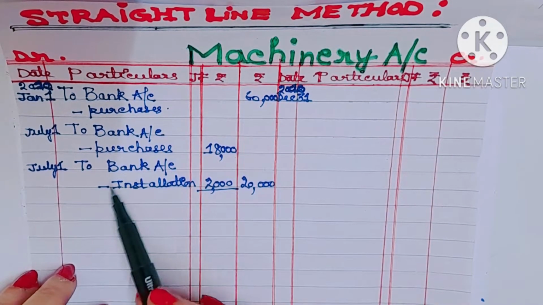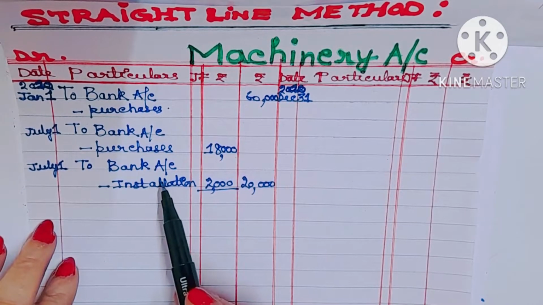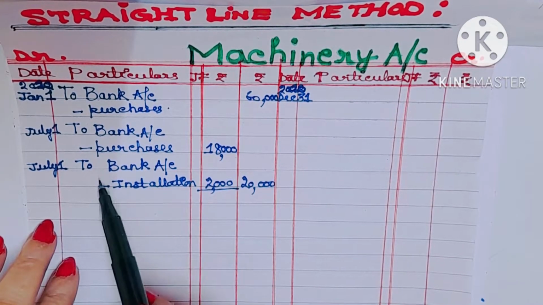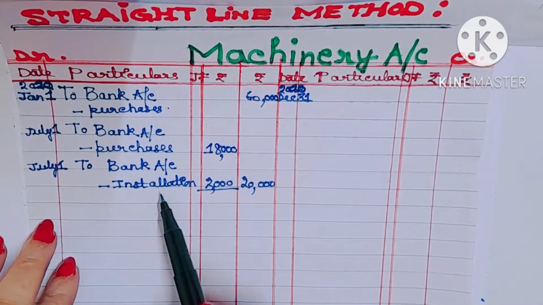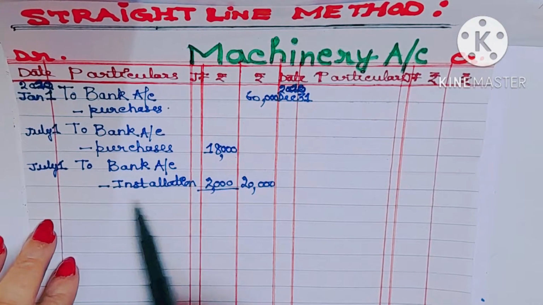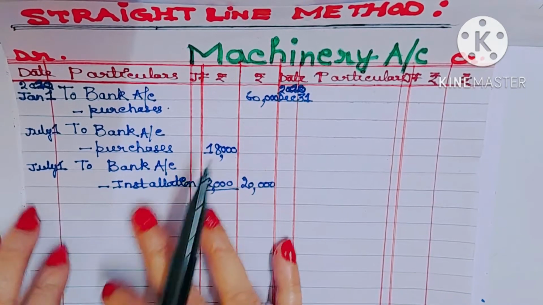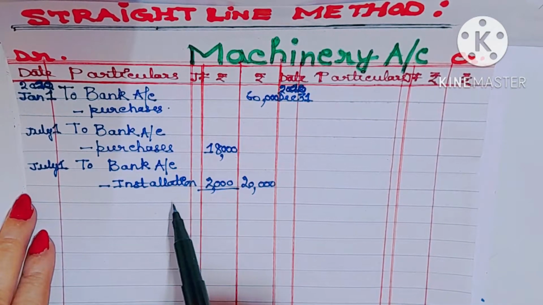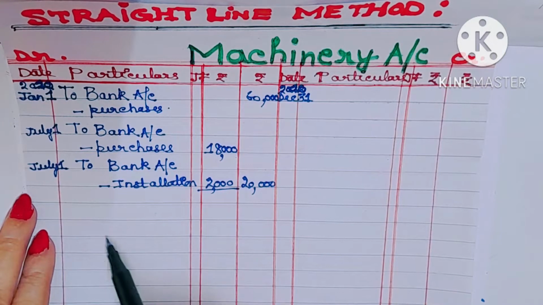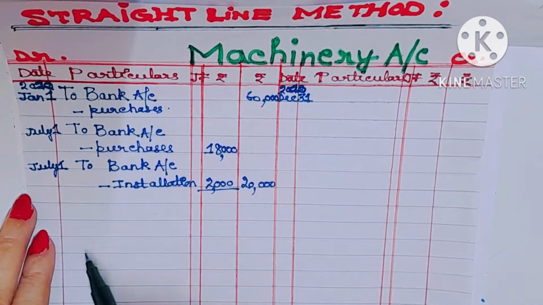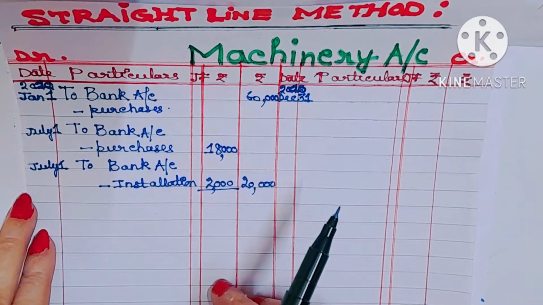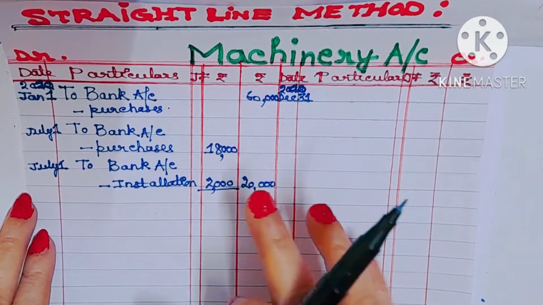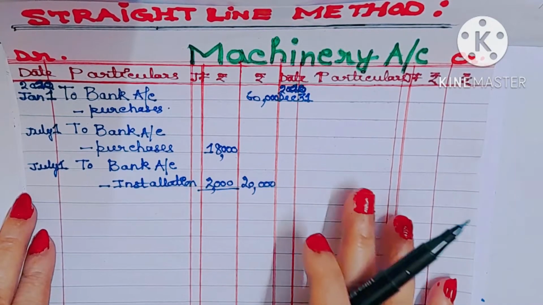And the journal entry for all the additional expenses will be to bank account dash installation or to bank account dash duties or to bank account dash erection. এর সাথে আরও additional expenses হতে পারতো। For example, to bank account dash erection, to bank account dash duties, to bank account dash transit insurance. Got to add up all the amounts and then you have to write the final amount in the outer column.